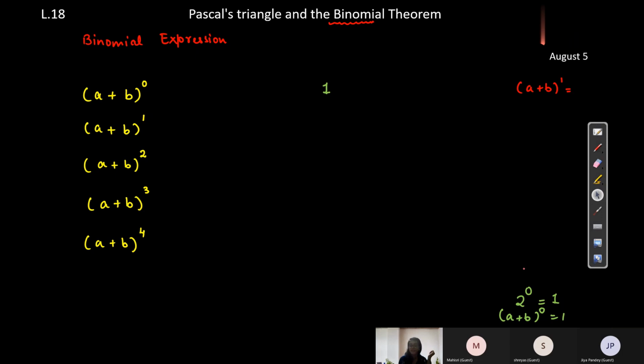If you raise any number, let's say you have 4, and you raise it to the exponent 1, then what do we get? The same number? The same number, exactly. So if you have A plus B, it will work in the case of an expression as well. If you have expression A plus B and you're raising it to the exponent 1, you'll get the same, which is nothing but A plus B.